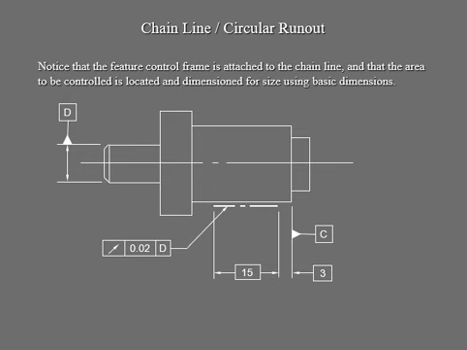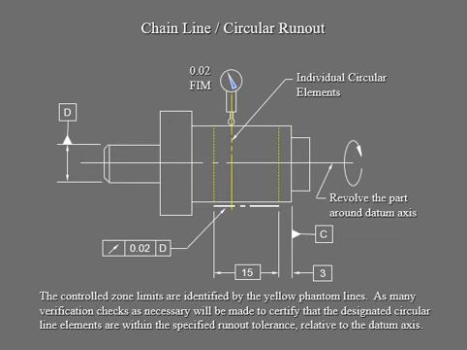Make sure the feature control frame is attached to that chain line, and that your area to be controlled, which is this one, is located using the basic dimension from datum reference C, which is the datum feature.